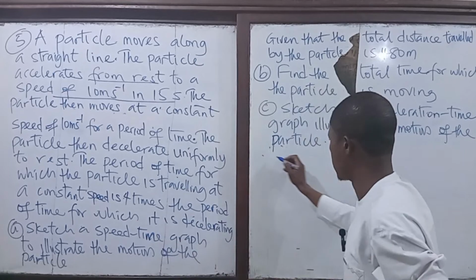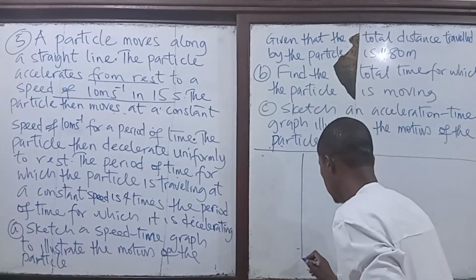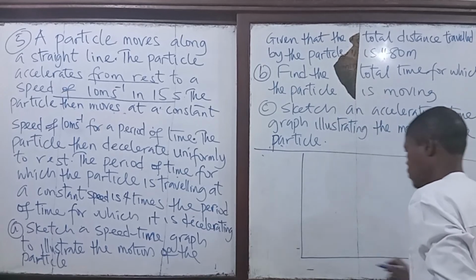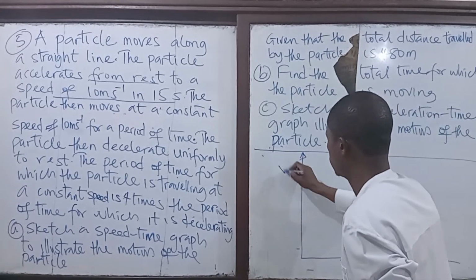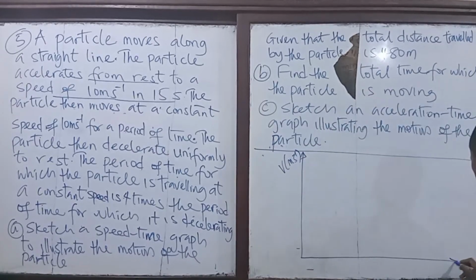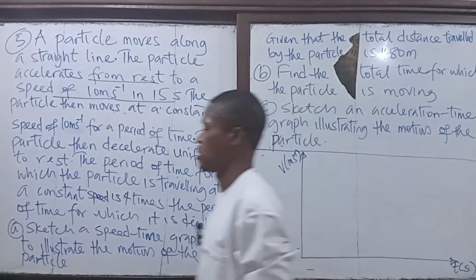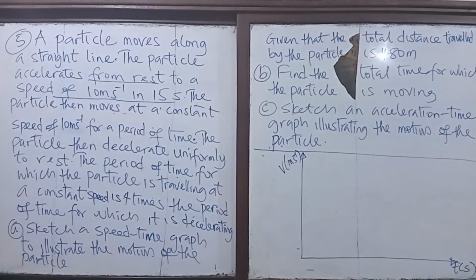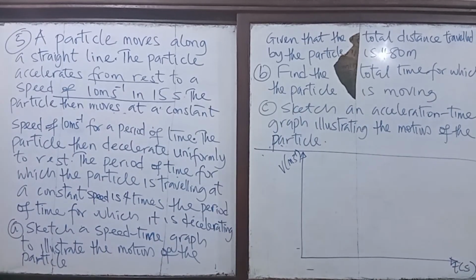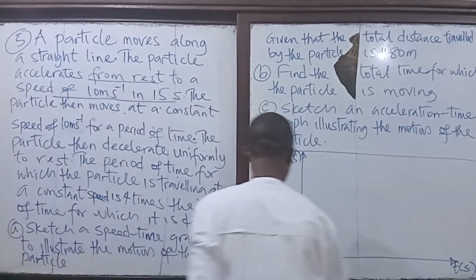So for the speed time graph, we're going to have the velocity on the vertical and the time on the horizontal.